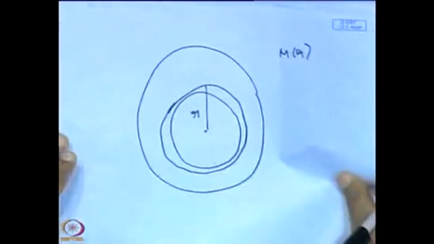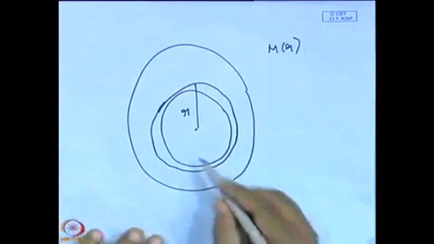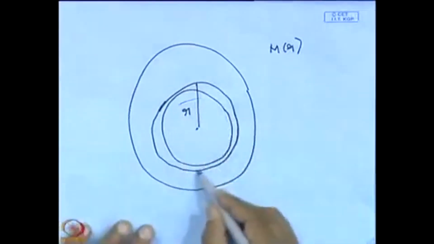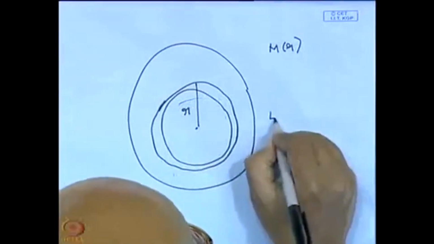So, let us go back to this picture. Let us say that the luminosity at a distance r is L of r.